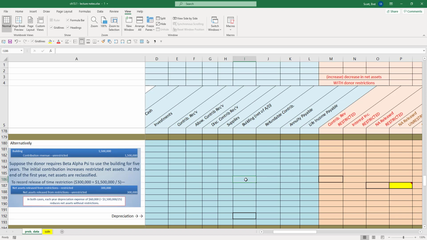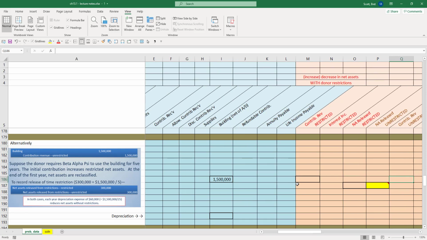The initial journal entry is still the same. Debit 1.5 million. But because this thing is not ours indefinitely, we have to give it back. We're not going to call this contribution revenue unrestricted. We're going to call it contribution revenue restricted. We don't have full ownership of this thing, but we are getting benefit from it.